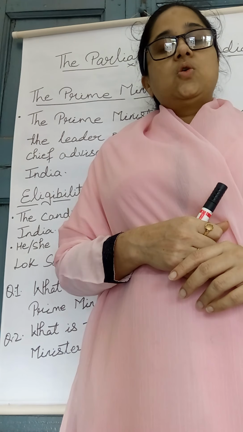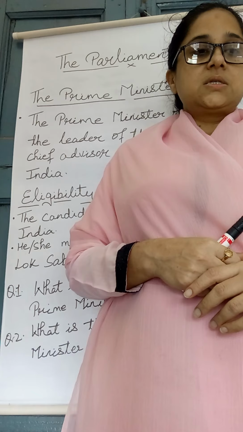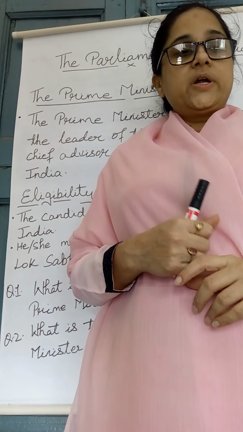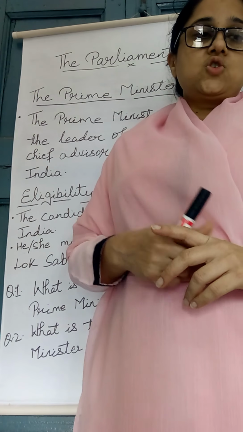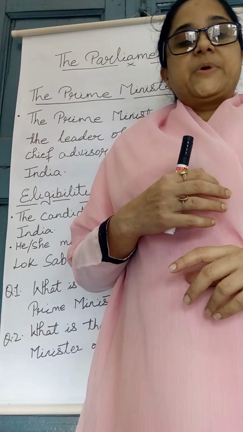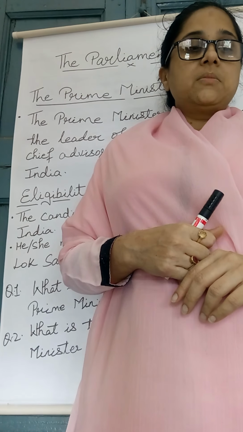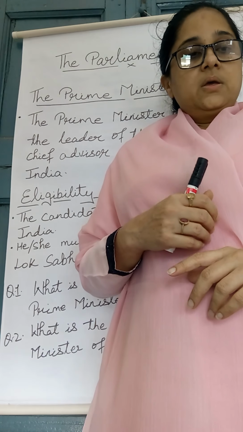The President holds office for a term of 5 years. The President appoints the Attorney General and judges of the Supreme Court and the High Courts. The President is the Supreme Commander of the Defence Force in India.